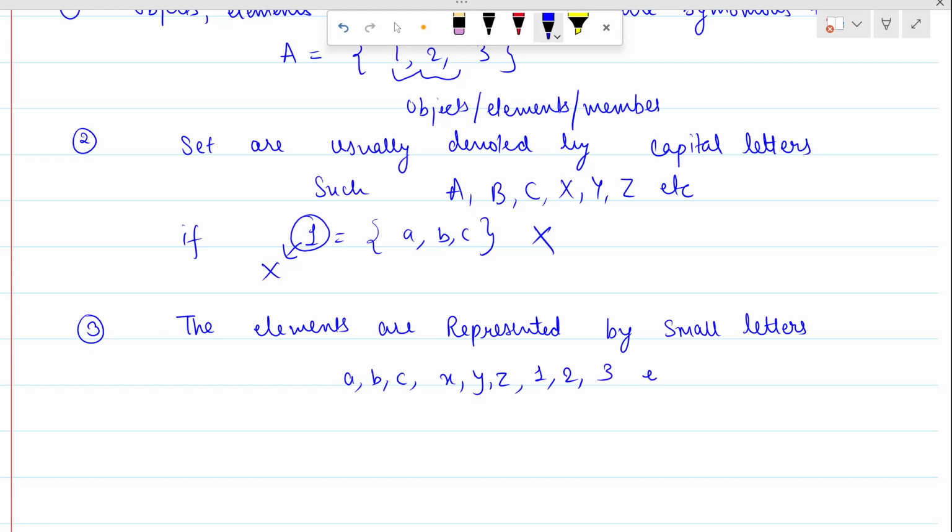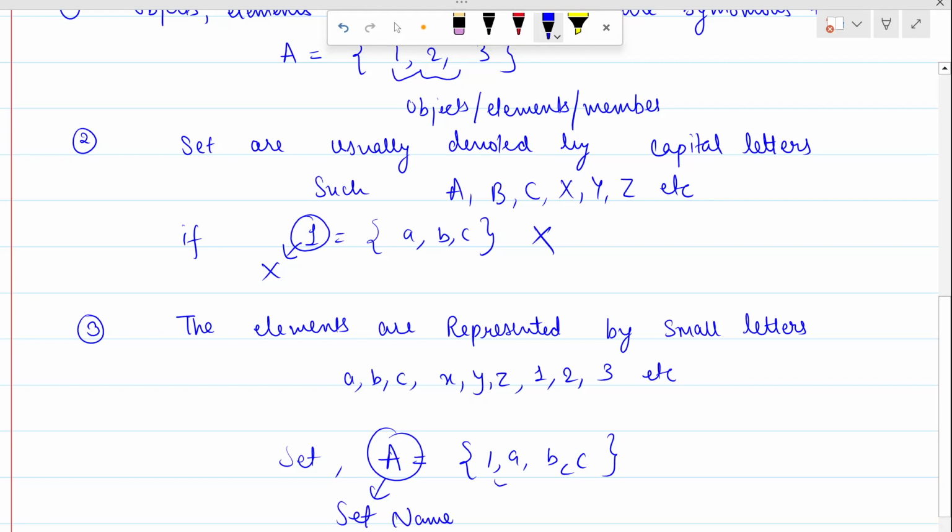So elements can contain numerals, but when we write a set name, then it is only designated by a letter of the English alphabet. So let's suppose set A contains 1, a, b, c. So this is a set name, and these are elements of the set.